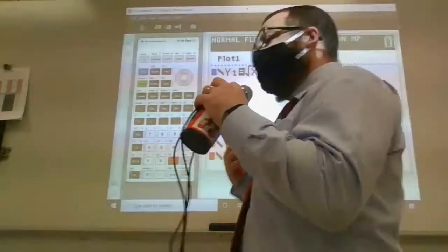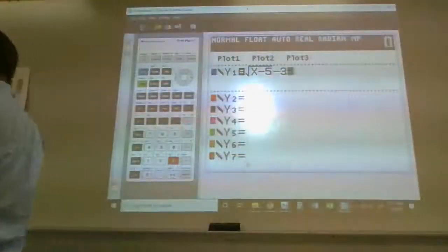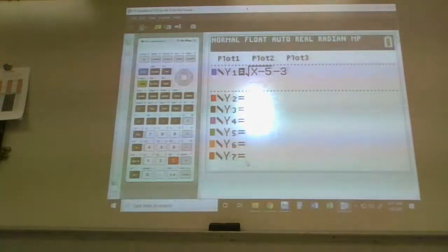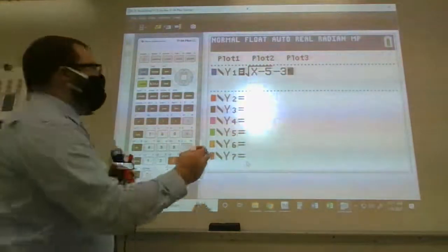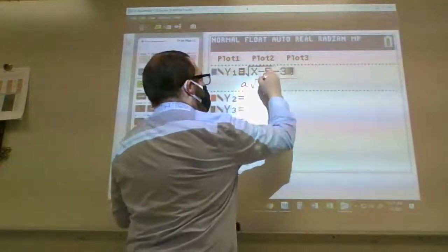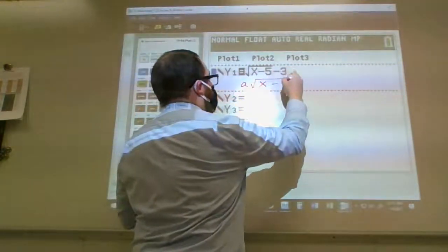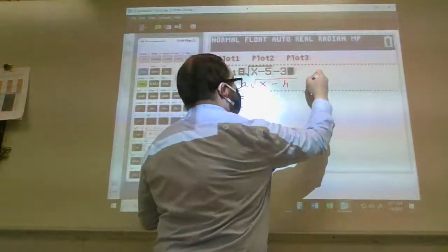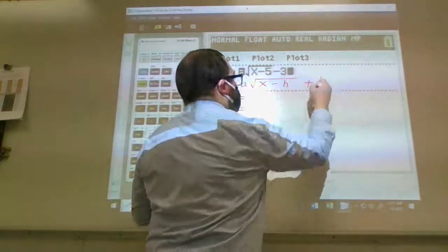The correct answer is positive 5. Let me repeat that. This is the part that most people get tripped up on the most. I say, what's the value of H? And you should be answering positive 5.